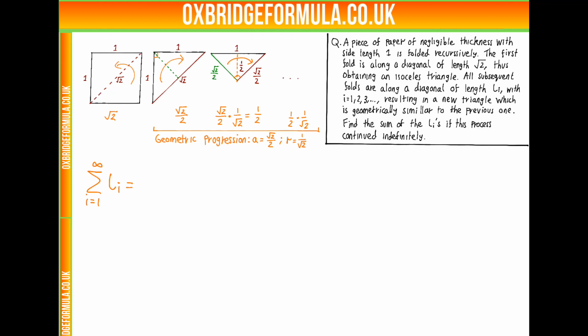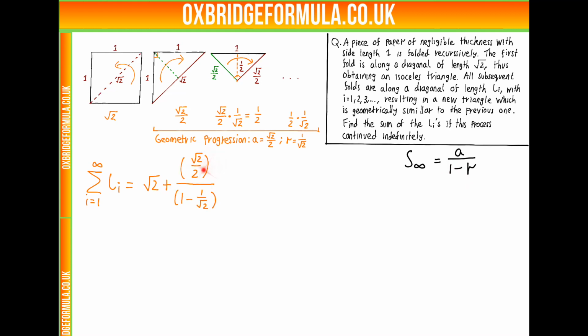All that remains is for us to work out the sum of the L_i from 1 to infinity. L1 is on its own, so let's do L1 first: √2. And then we've got this geometric progression here that we need to sum to infinity. We know a is √2 over 2 and r is 1 over √2. The sum to infinity of a geometric progression is given by a over 1 minus r.